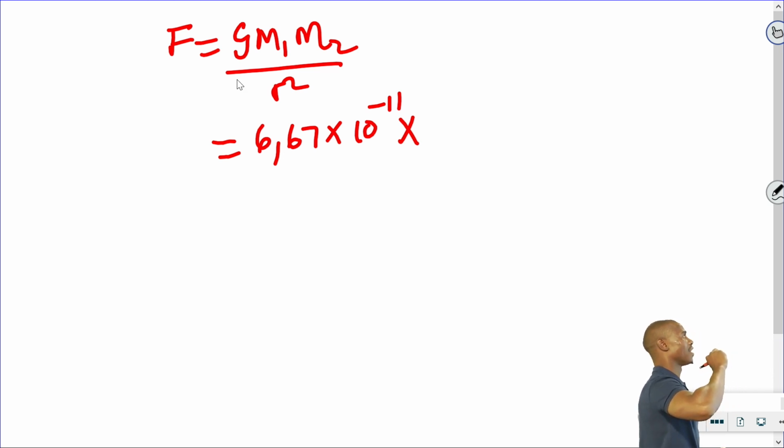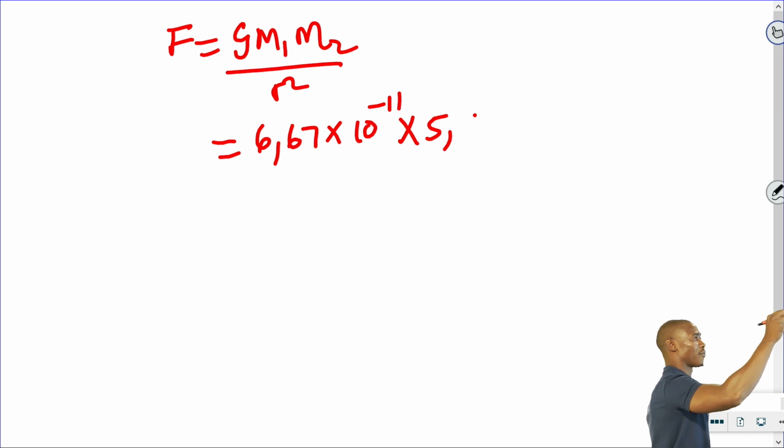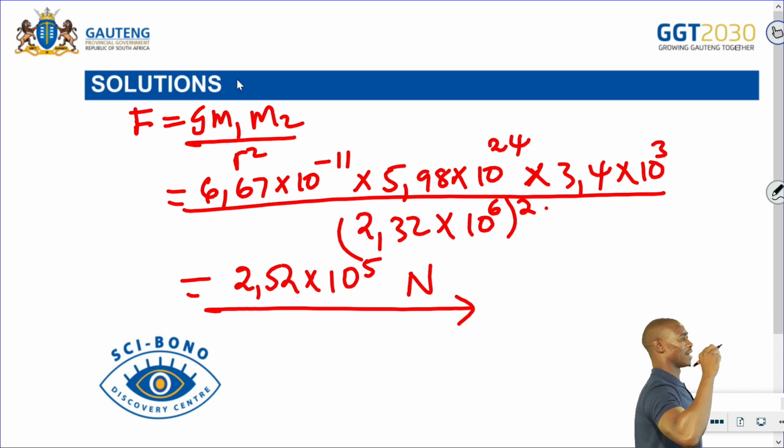Multiply that by the mass of the planet Earth, which is 5.98 times 10 to the power 24.